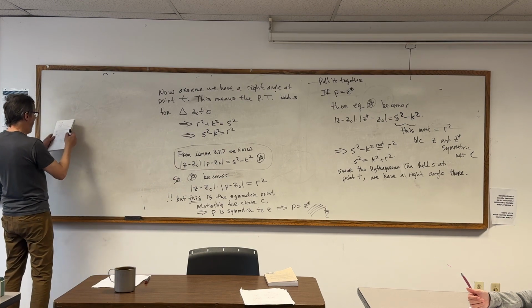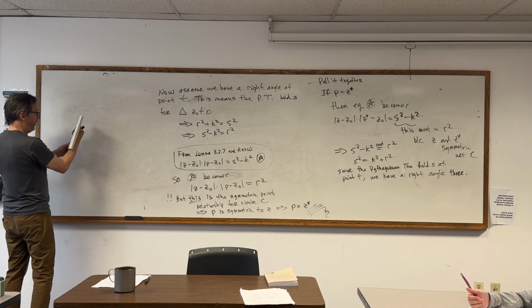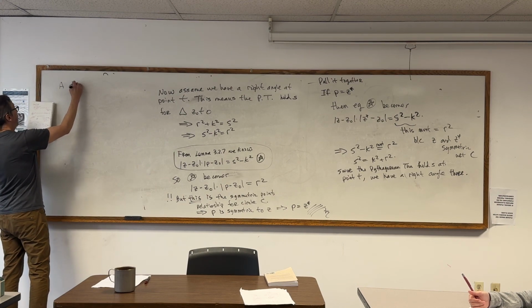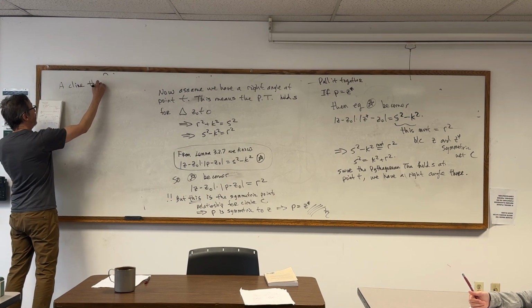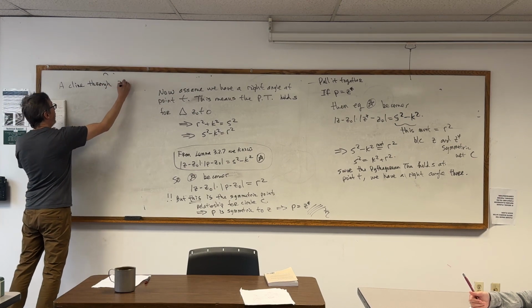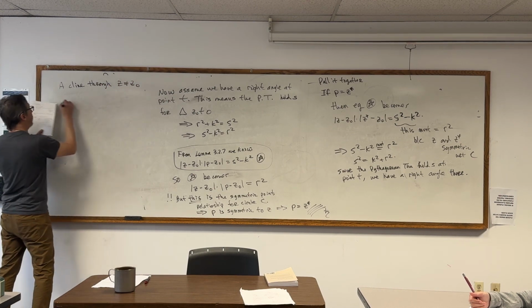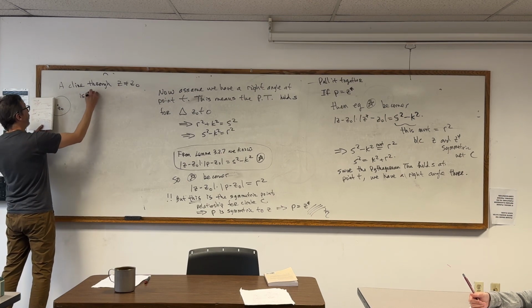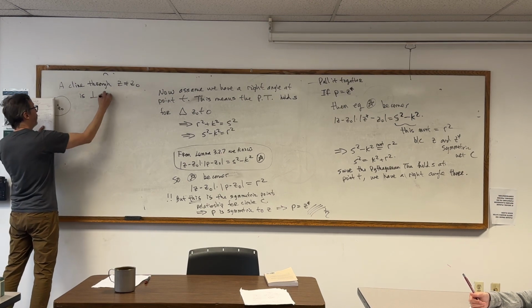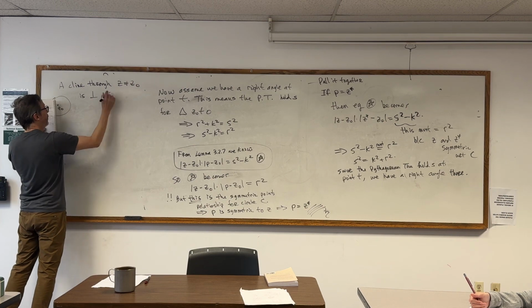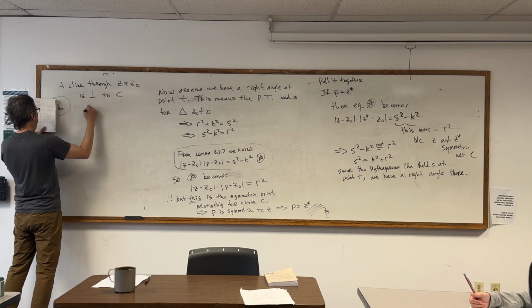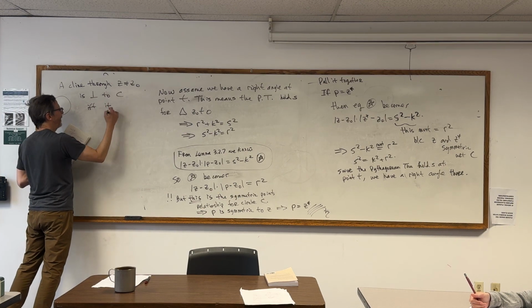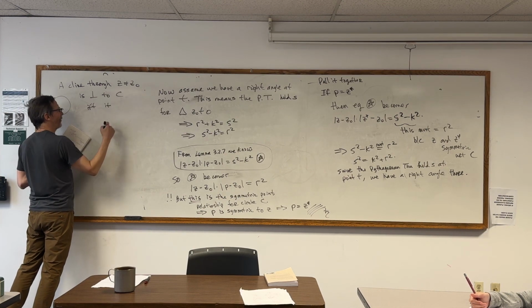So the result we had is this: a cline through z not, equal to the center of a circle, is perpendicular, is orthogonal to C, if and only if it goes through the conjugate point, the reflection.